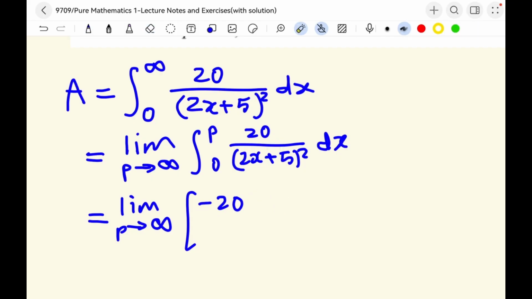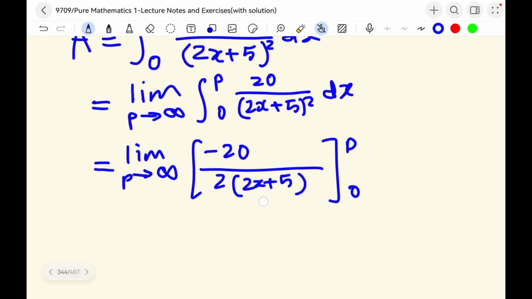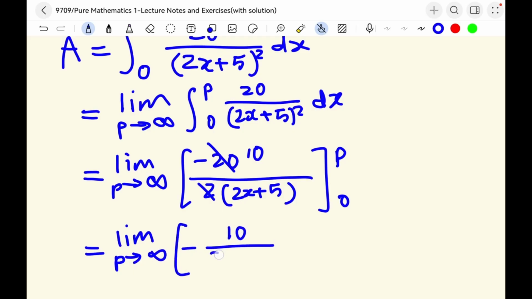And don't forget to get the 2, which is -20 divided by 2, 2x plus 5. That is our integral. So this one we can cancel out. By right, we should get this kind of simplified expression for the integral.